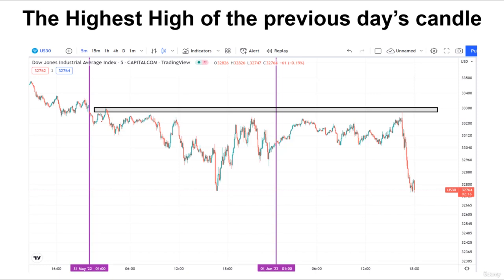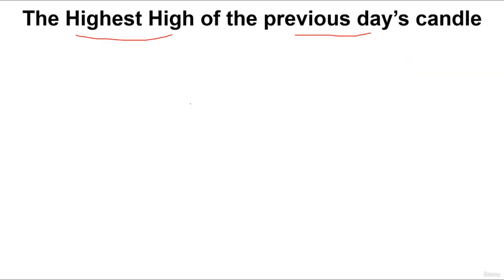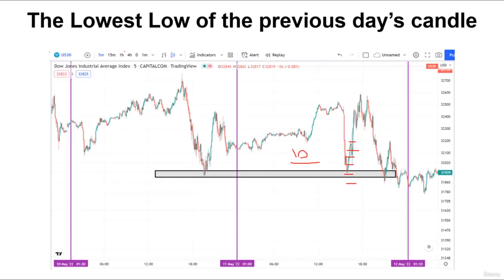In some PowerPoint slides I chose Dow Jones, and in some of them, as you will understand in the future, I chose gold or Forex. There is no difference between these, and just the knowledge is important: the highest high of the previous day can act as a resistance, and the lowest low of the previous day's candle can act as a support.